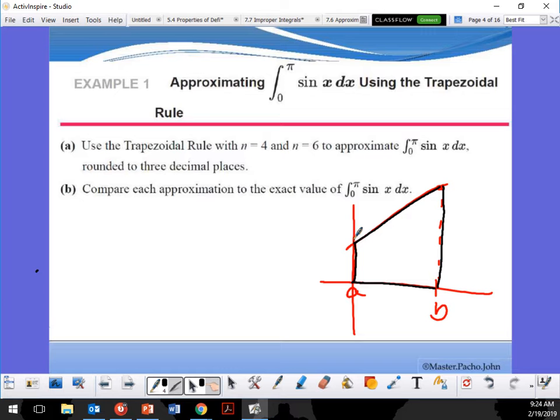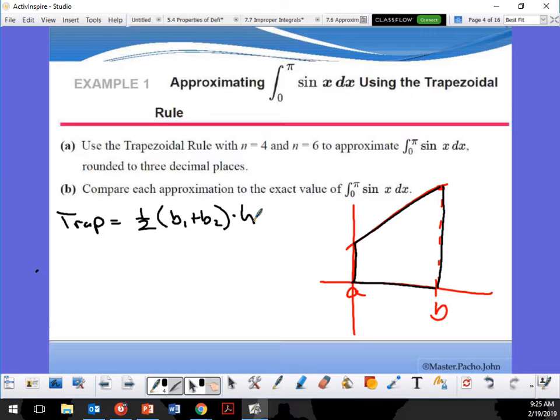Area of a trapezoid is 1/2 times B1 plus B2 times the height. Now we're going to actually use this formula and turn it into an equation for the trapezoid rule.